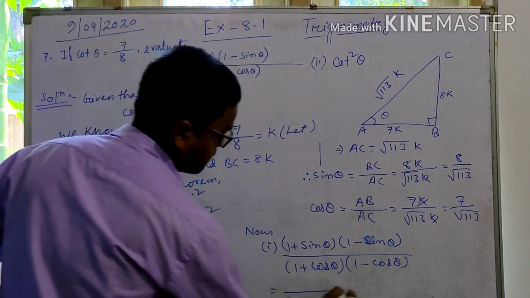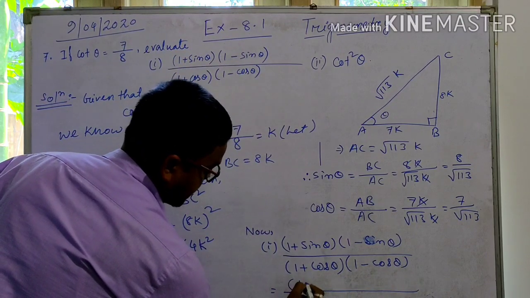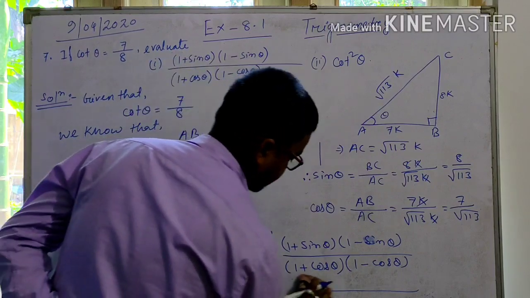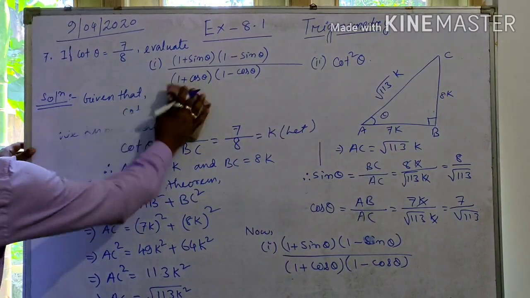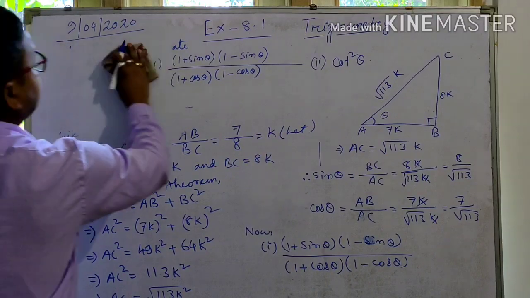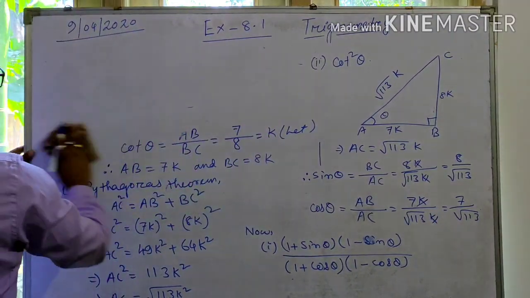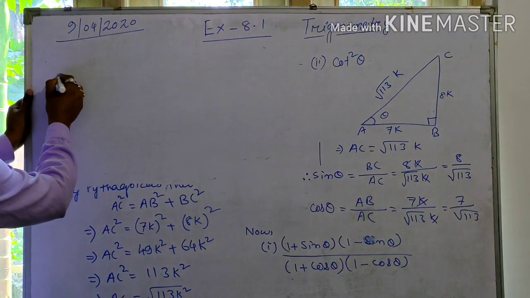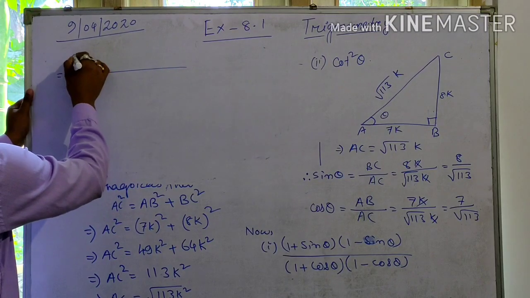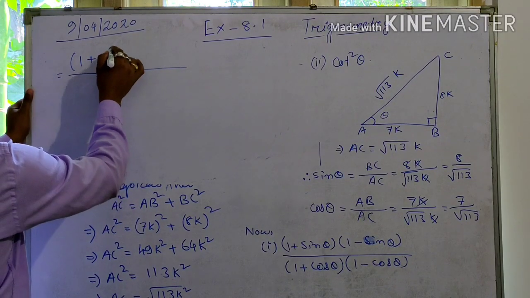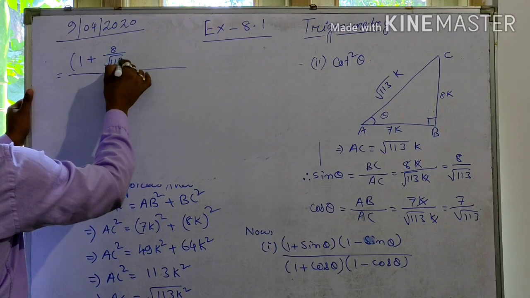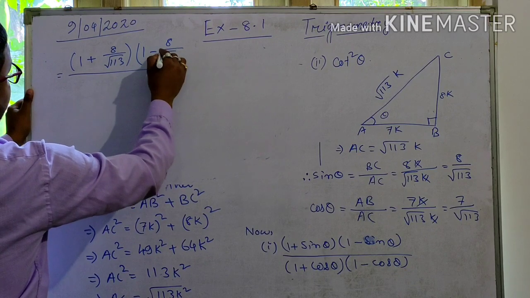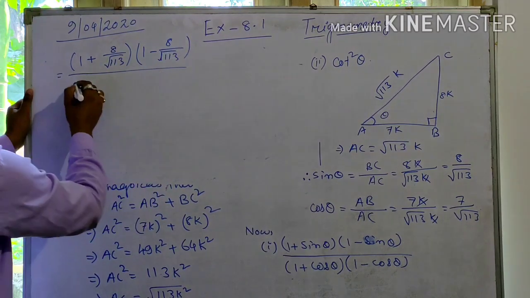So you put the values. 1 plus sin theta is 1 plus 8 by root over 113, and 1 minus 8 by root over 113.